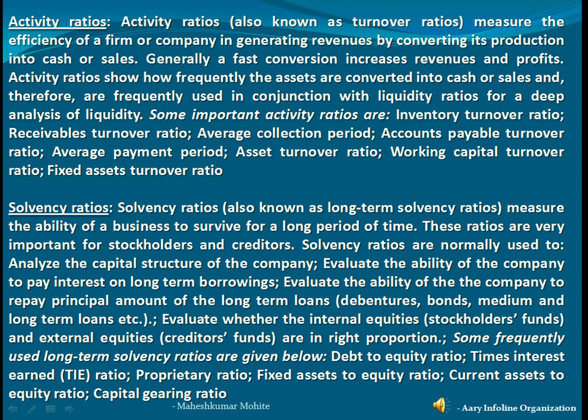Solvency ratios. Solvency ratios, also known as long-term solvency ratios, measure the ability of a business to survive for a long period of time. These ratios are very important for stockholders and creditors.